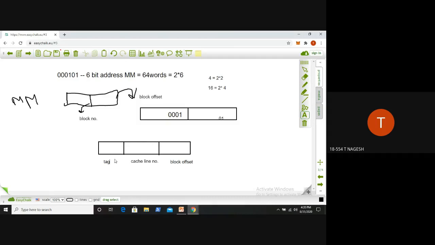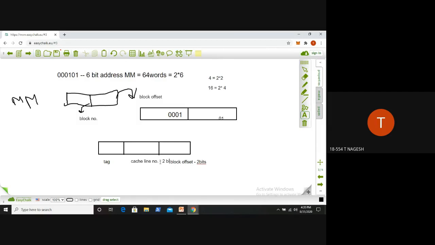So how can I get the number of bits of the tag? If you get this block offset and cache line number, then obviously you can find out the number of bits used for this tag. As our address is 6-bit, out of these 6 bits in this example, 2 bits are used for block offset, and for the cache line number I'll use only 2 bits again, because I have only 4 lines.